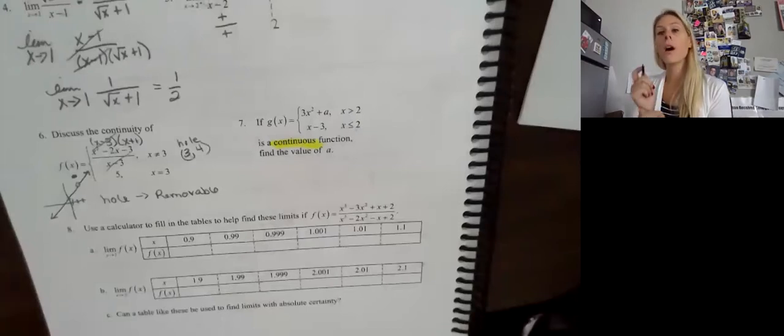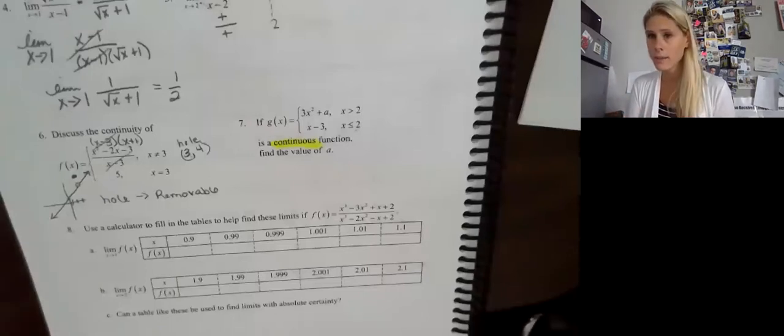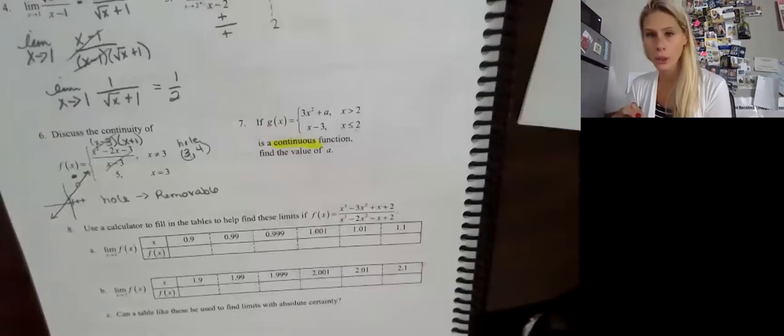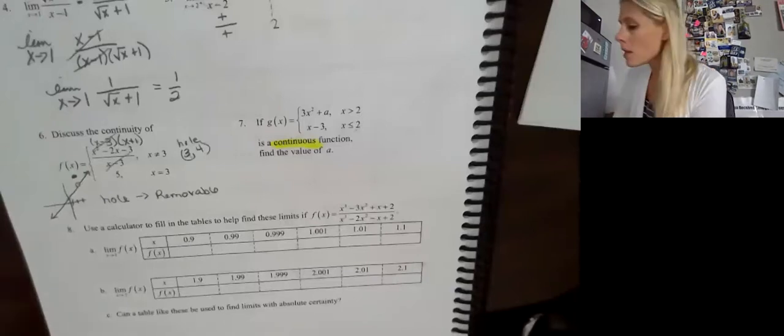Okay, so again, let me repeat that. Because it's continuous, they state it's continuous. What we're doing is that at 2, they have to be on the same point. So they have to equal each other. Okay, so I'm going to plug in 2 for x. So I get 3 times 2 squared plus a.